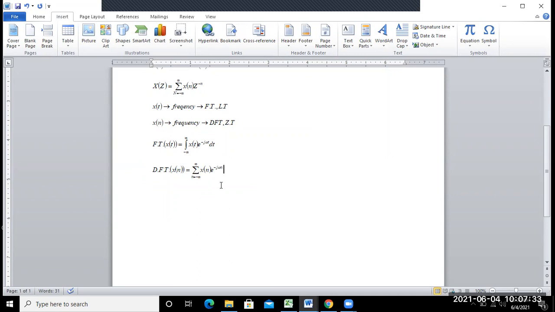So if we represent this exponential signal with some amplitude that is represented by r, then we can write r e to the power j omega whole to the power minus n. Okay.